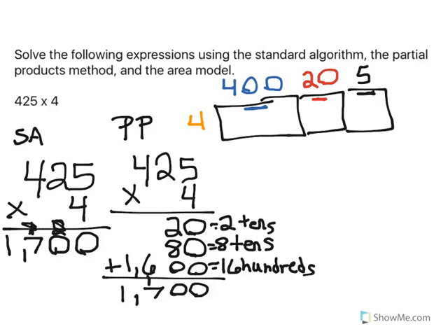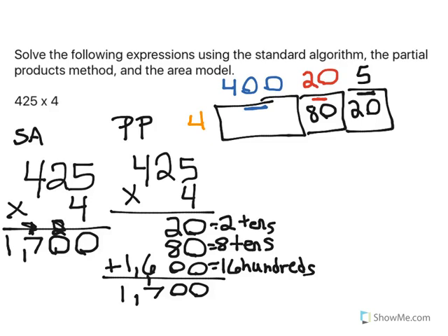So first thing I can do is 4 times 5, which gives me 20. Then I do 20 times 4, or 4 times 20, and that gives me 80, because 4 times 2 is 8, and then 0 times 4 is 0, so I get 80.